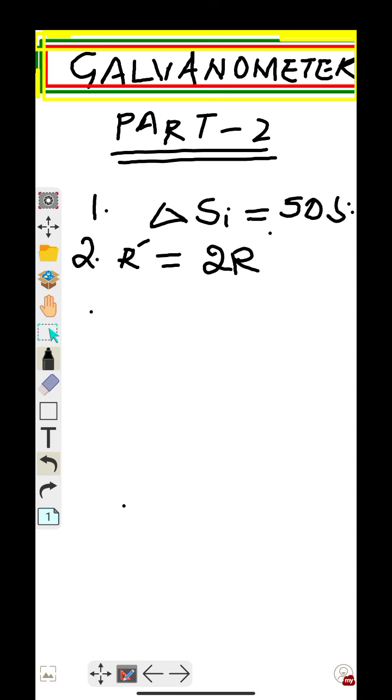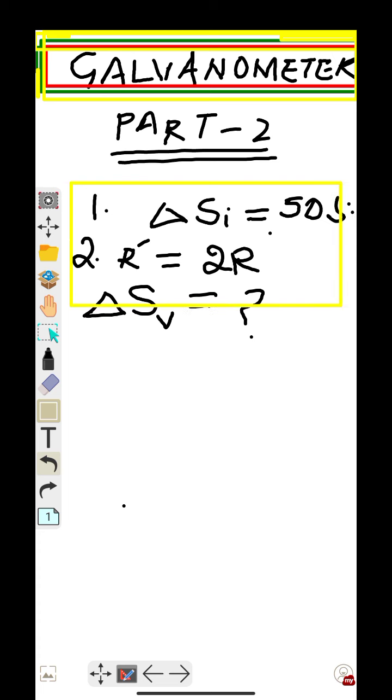So we have to find out change in voltage sensitivity, write S V, where S is sensitivity. So this is our question, and now I'm going to answer it. We are supposed to find out change in voltage sensitivity.